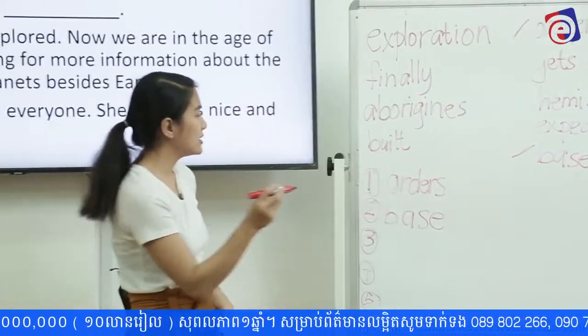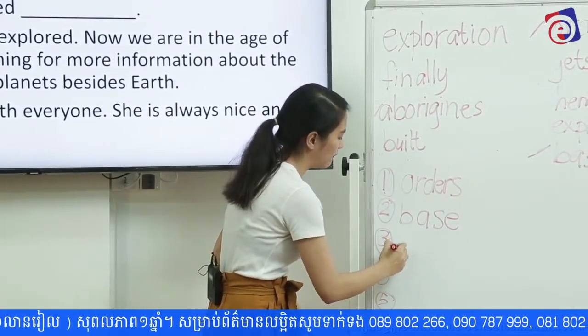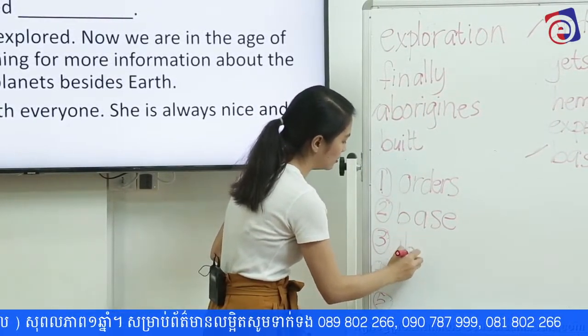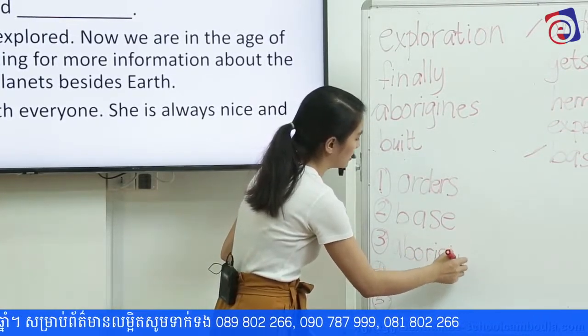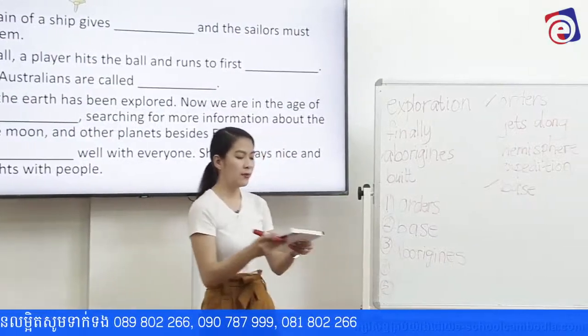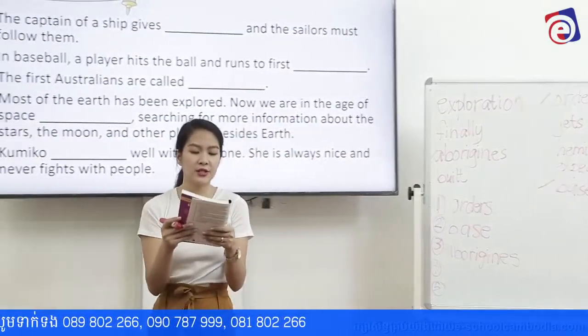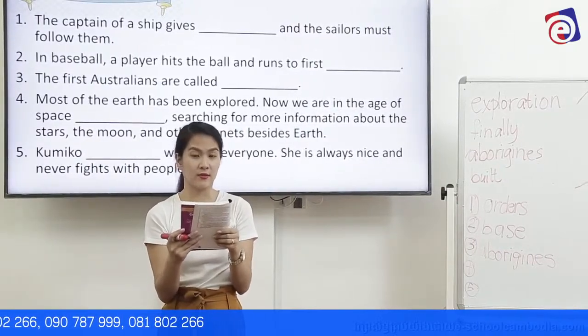The answer is Aborigines. So they are the first people in Australia. Aborigines. Okay? So I'm going to read again. The first Australians are called Aborigines.